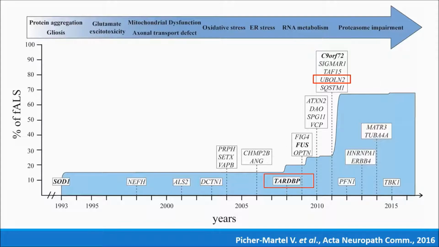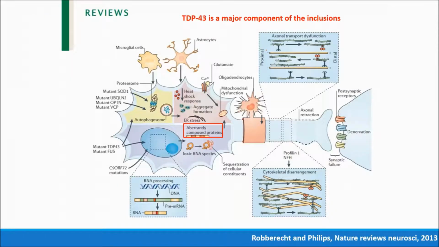And more recently, the C9orf72 gene has been shown to be mutated in 30 to 40% of the familial cases, so it's quite an important gene. And also in 2011, the Ubiquilin-2 gene was discovered. Ubiquilin-2 mutations are not so frequent, but the role of the protein is quite important in all the cases of ALS. I will talk about that later in the presentation.